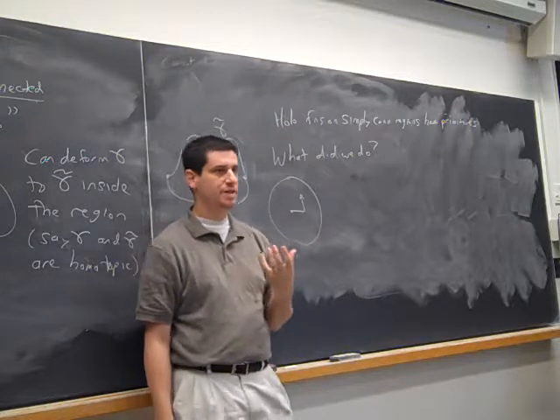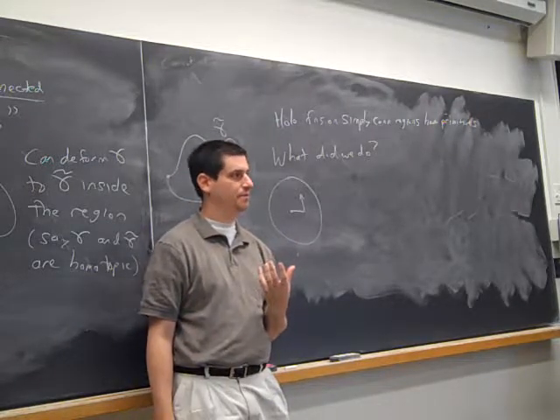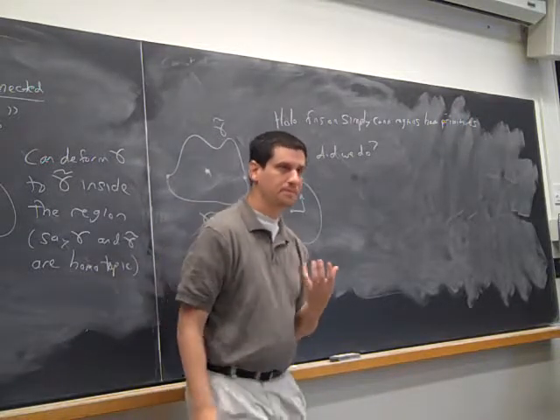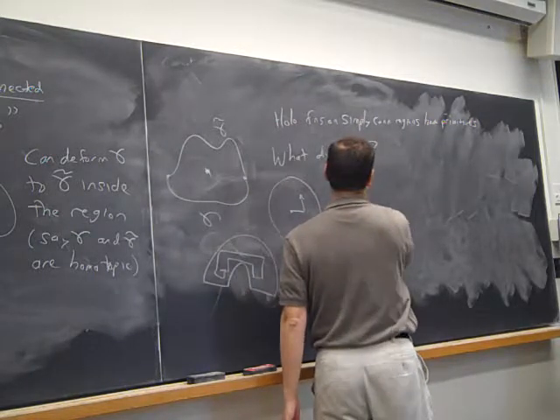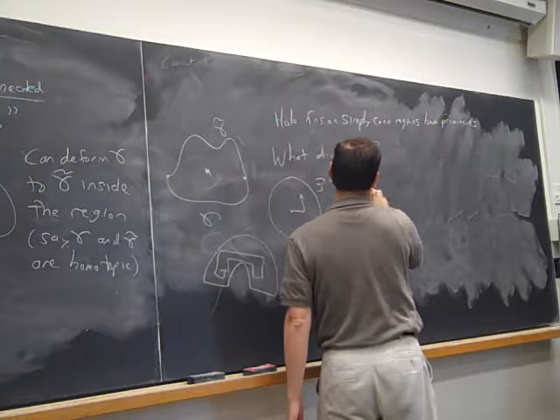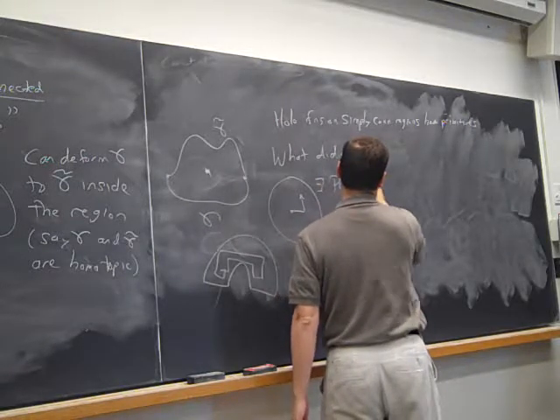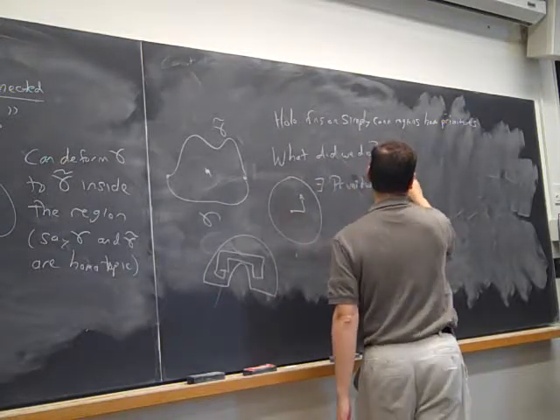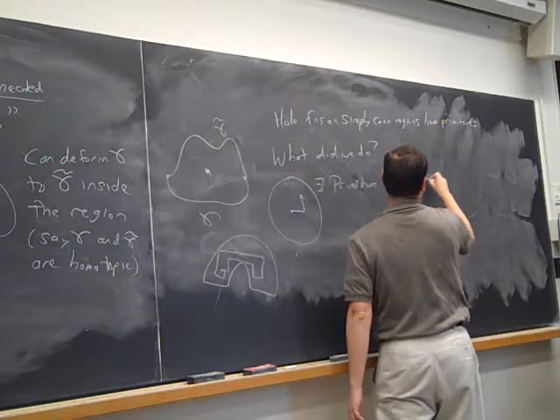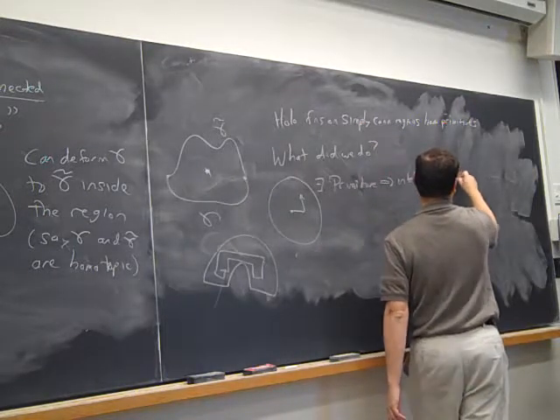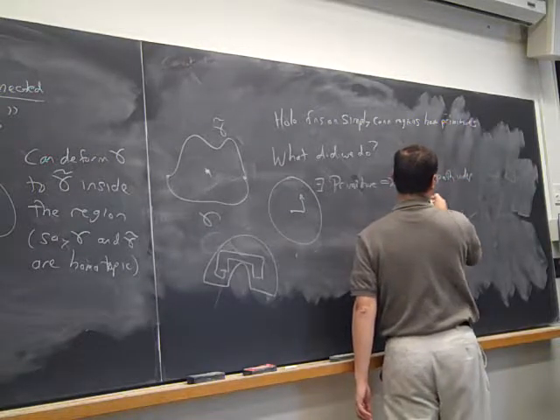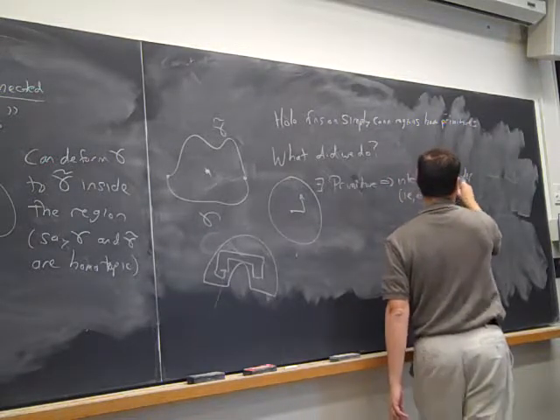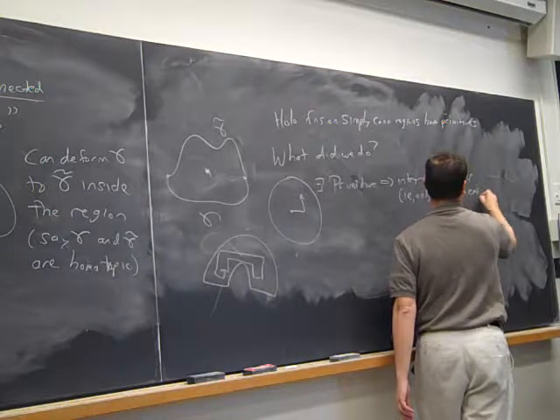If I have a primitive, does my integration depend on the path? No. So if a primitive exists, it implies integrals are path independent, i.e. they only depend on endpoints.